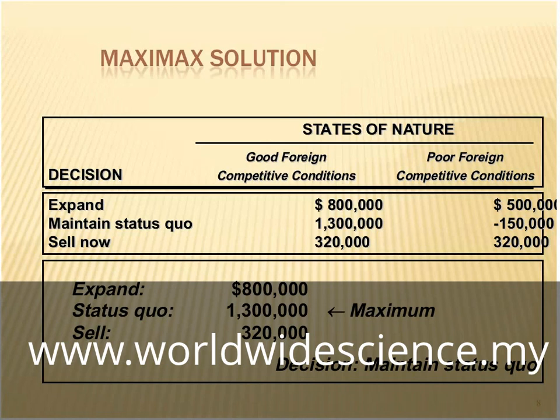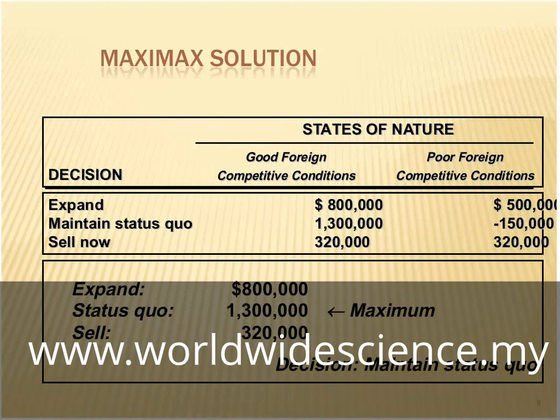Okay. Now, I want to tell you an important point. You must apply all of the 5 methods. You must apply all of my methods. And you must select the maximum result for your decision.